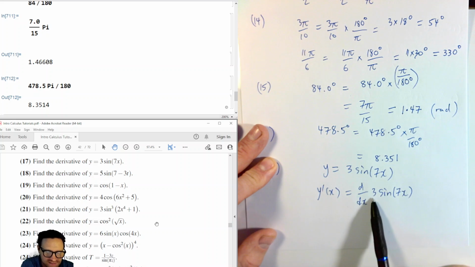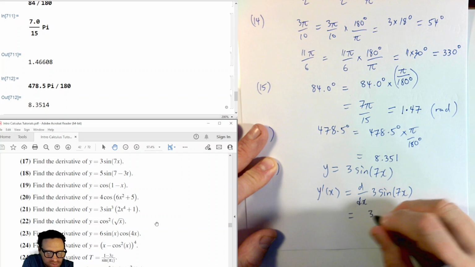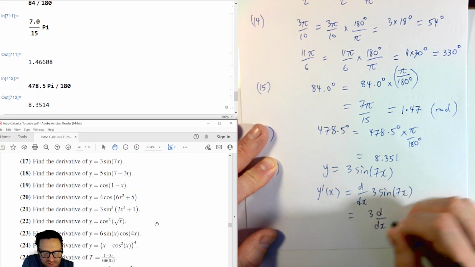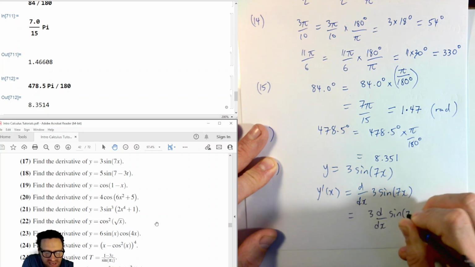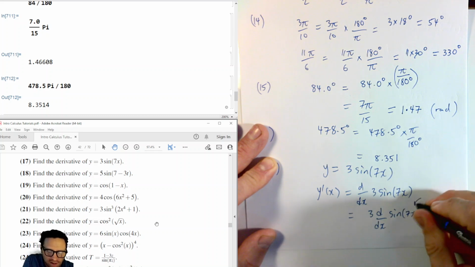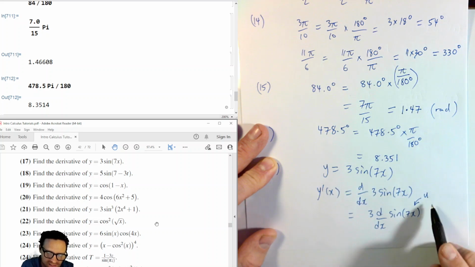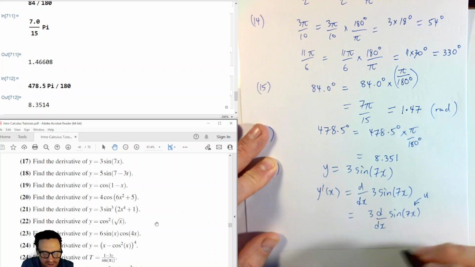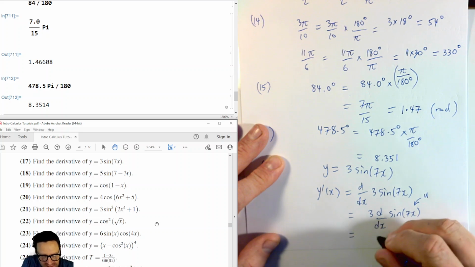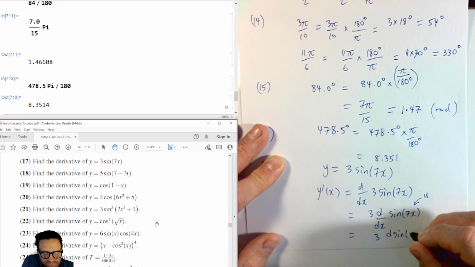Now that 3 is a constant, so it can float through this differential operator. So we've got 3 times the derivative with respect to x of sine of 7x. Now we need the chain rule. Inside our sine function we have u, so we let u be 7x.